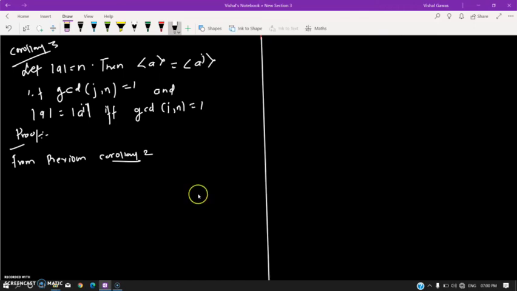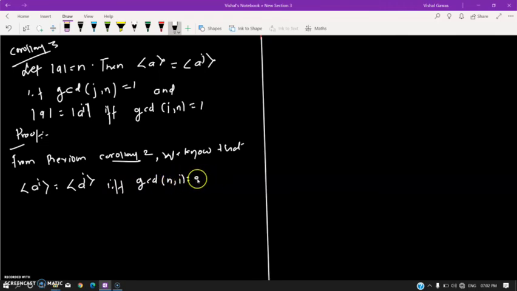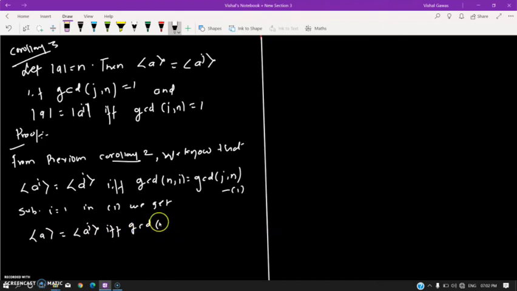From the previous corollary, we know that the subgroup generated by A raised to I is the same as the subgroup generated by A raised to J if and only if GCD of n and I is the same as GCD of n and J. So substituting I equal to 1, we get, if I put I equal to 1, this will be A. The subgroup generated by A is the same as the subgroup generated by A raised to J if and only if GCD of n with 1 is the same as GCD of J with n.